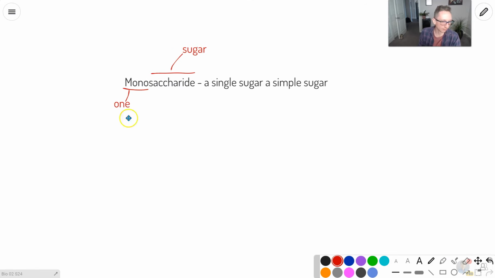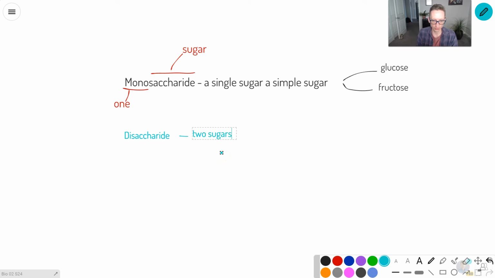So monosaccharide, well, actually, before we get to that, some examples of a monosaccharide would be glucose and fructose. All right. Then we got a di. Let's draw it in a different color. We got a disaccharide, which is two sugars connected.